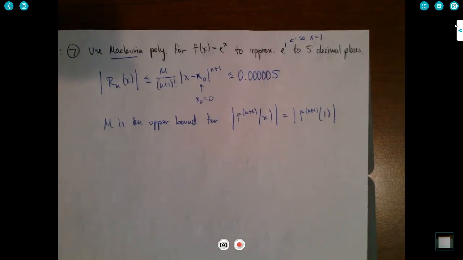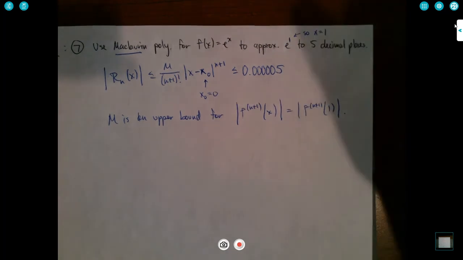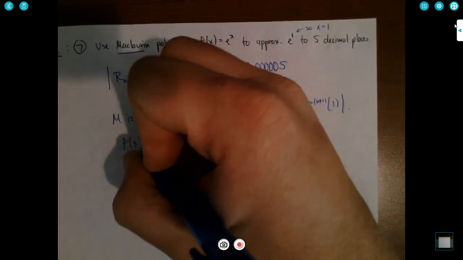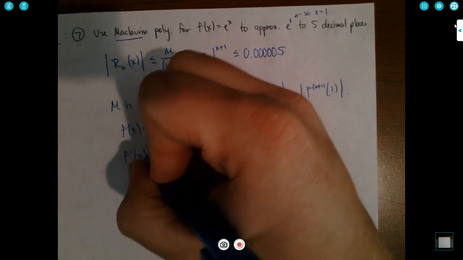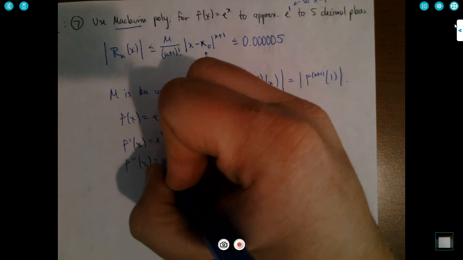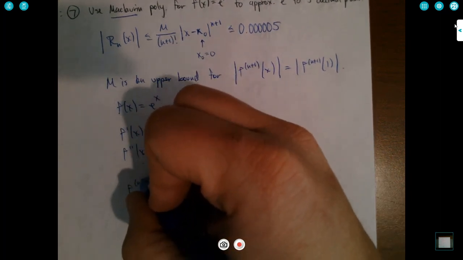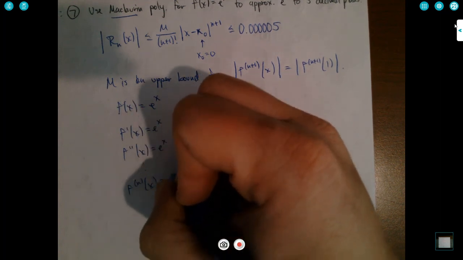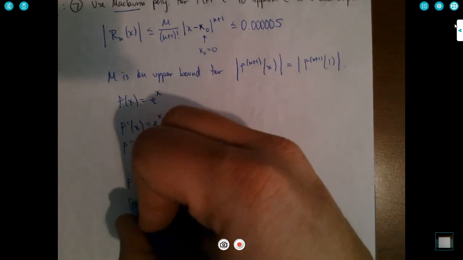So let's see what that would be. Since f of x is e to the x, f prime of x is e to the x, and so is f double prime. And so the nth derivative is going to be e to the x. And for that matter, I guess so would the n plus first.